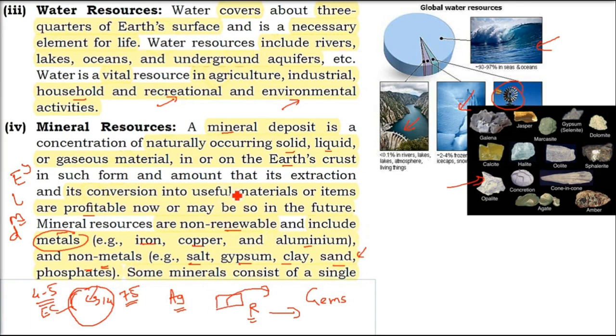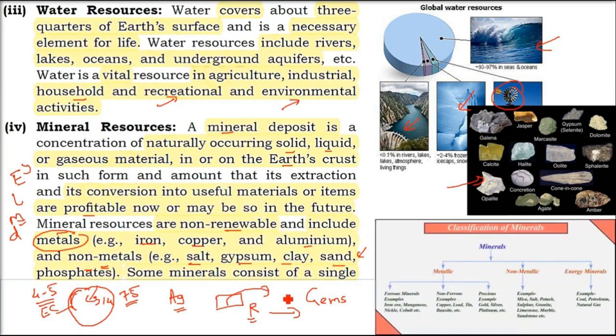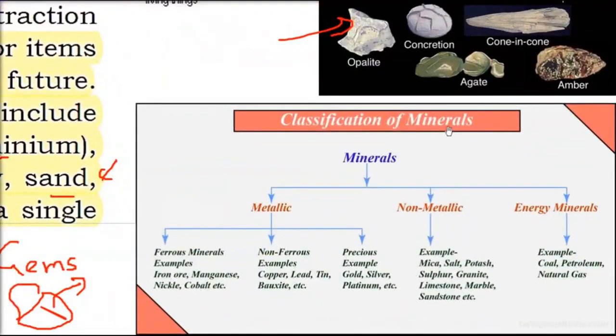And some minerals, you will get in some ores or some combination, and some you will get only one of them. Some ores you can extract various metals and non-metals from. But sometimes there are certain minerals which occur as a single element. So classification of minerals, we can divide into metallic, non-metallic and energy minerals. I told you about the properties that differentiate them.